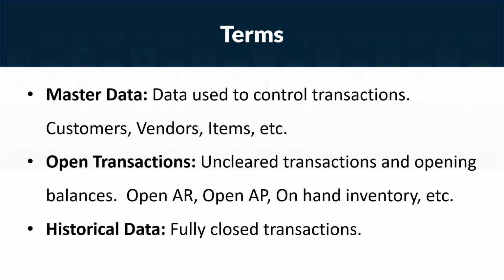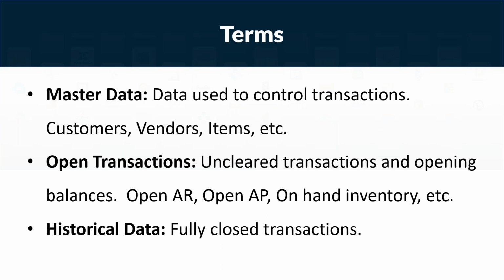All of these are things you set up once and maintain sometimes so that you can then use those things on transactions downstream. Okay, so master data, again, customers, vendors, items are the big three, and then anything else that goes into creating those ties into that as well.